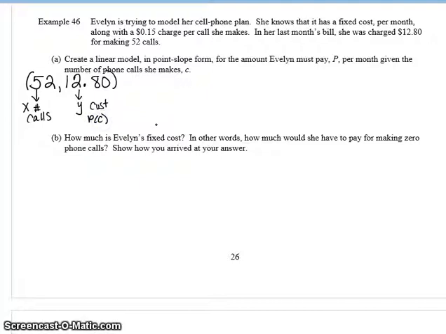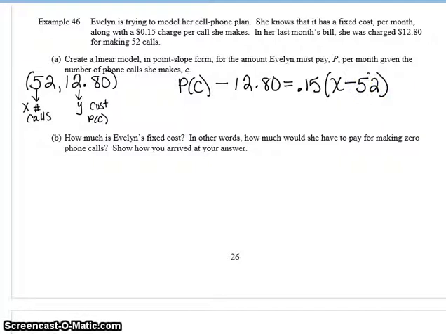P is how much you're paying per month. Okay? All right, so now we're going to take that and put that in point-slope form. So instead of saying y, we're going to call it P of C. So P of C minus 12.80, because that's my y value, opposite sign there, equals the slope. Okay, you're getting charged 15 cents per call. So the change is 15 cents, times x minus 52. Okay, so there's my point-slope.